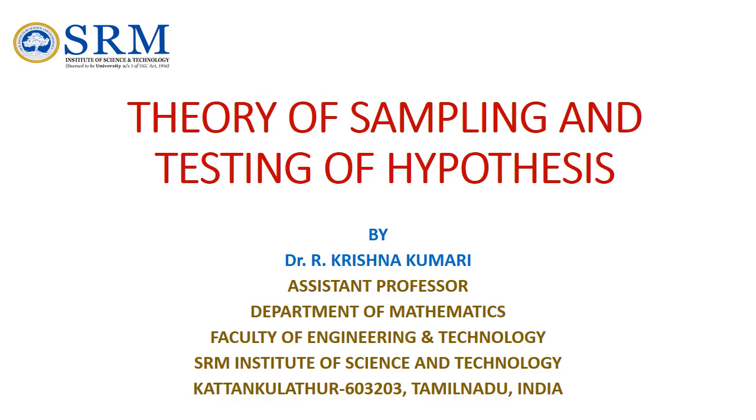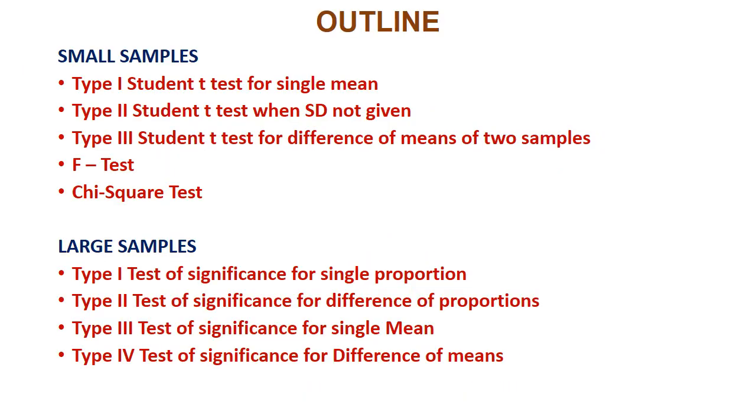Today we are going to see about theory of sampling and testing of hypothesis. So the outline of today's session is going to be, we are going to see about two samples, small samples and large samples. In small sampling, we are going to see about student t-test for single mean, student t-test when standard deviation is not given, and student t-test for difference of means of two samples.